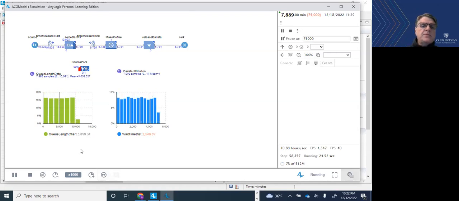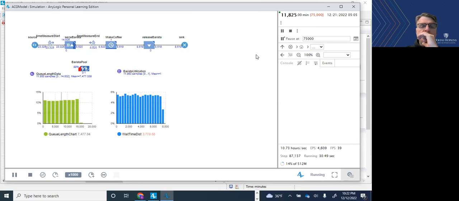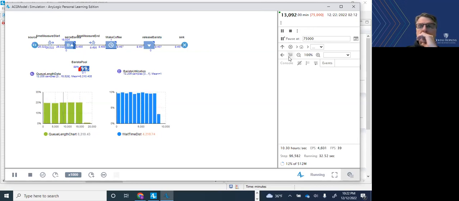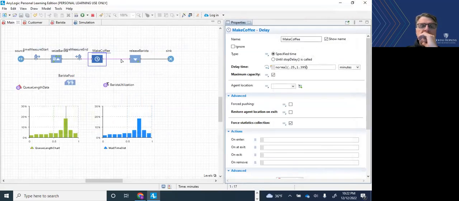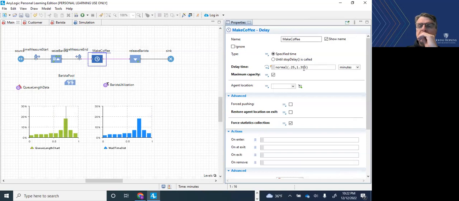It's clearly a problem. Let me just stop this. Just check what I have in here. So it'll be the mean, the standard deviation, the mean, and these are in minutes. Yeah. Okay, so let me check this.